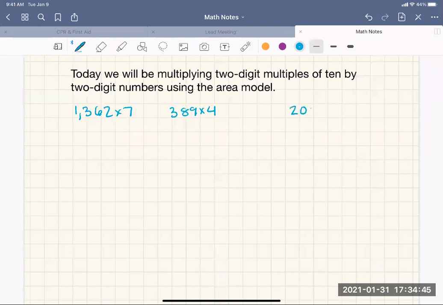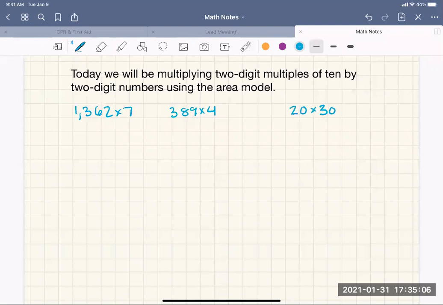So that would be like 20 times 30 as an example. So today we're going to work on using the area model, multiplying 2-digit multiples of 10 by a regular 2-digit number. So that's what we're going to work on.